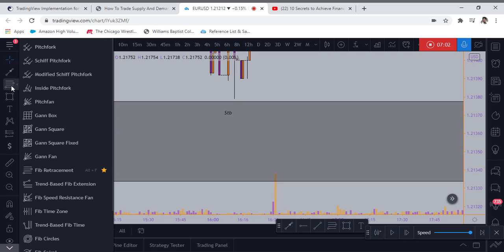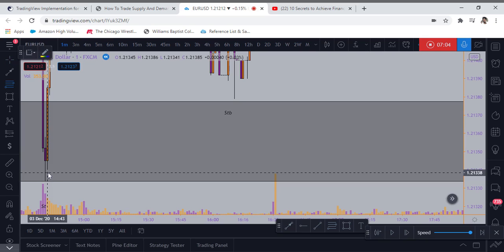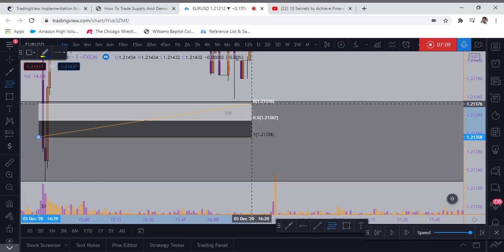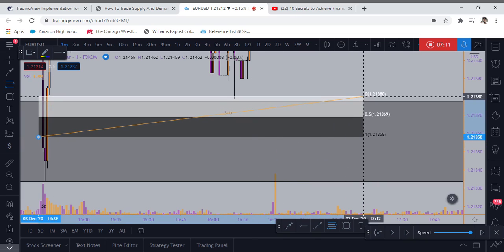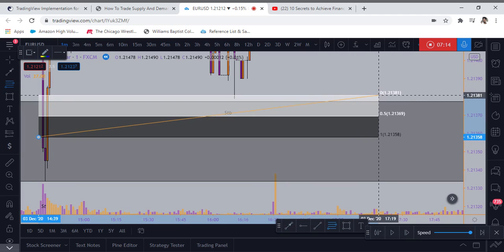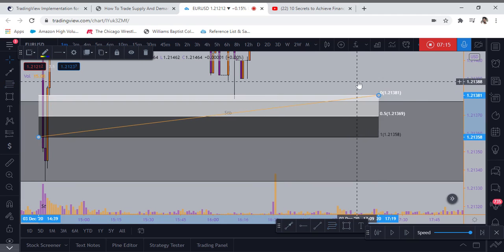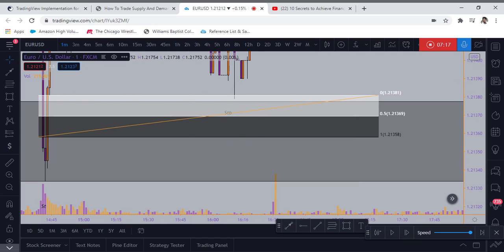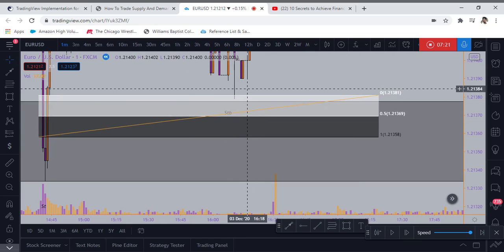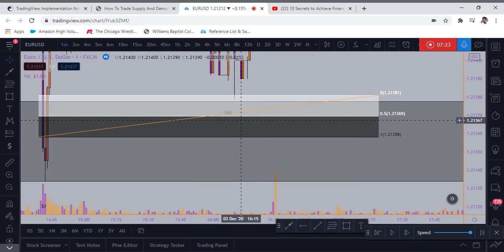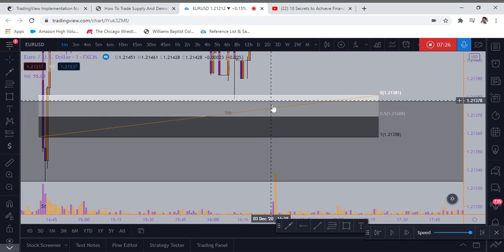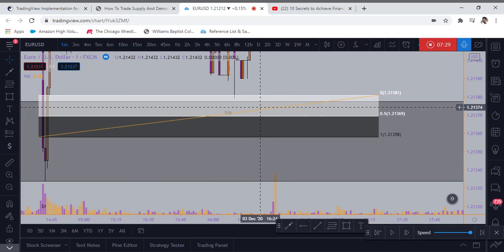Let me pull up my fib. And so it didn't come to my 50% of my fib, so I would have never got in. Some people still use the regular fib settings and would have got an entry there, but me, I would have just sat that one out.